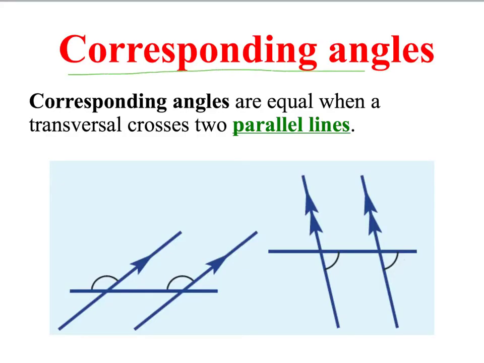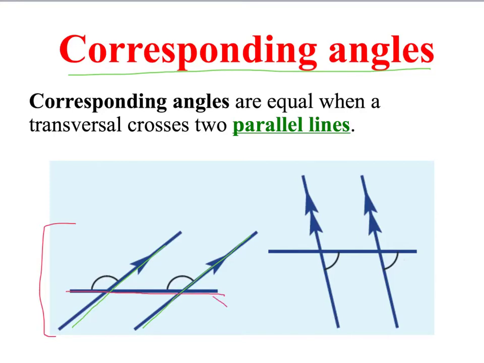Corresponding angles are equal when a transversal crosses 2 parallel lines. Firstly, let's look at this example over here. I've got 2 parallel lines, and I've also got a line cutting them through the middle.